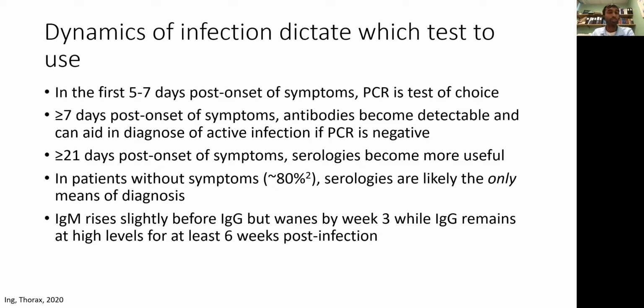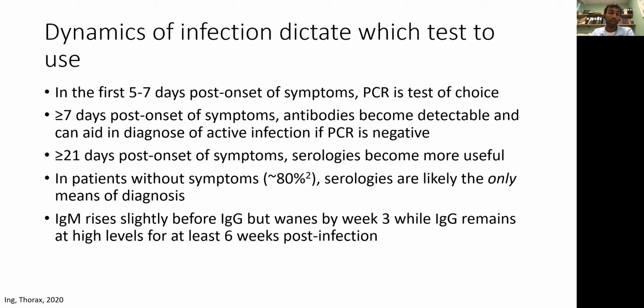But at around 2 to 3 weeks post-onset of symptoms, serologic tests become more useful than PCR tests, where the probability of false negativity with the PCR rises precipitously. And in patients without symptoms, which recently has been reported to be as high as 80% of people with SARS-CoV-2 infection, serologies may represent likely the only means of diagnosing prior or even active infection.